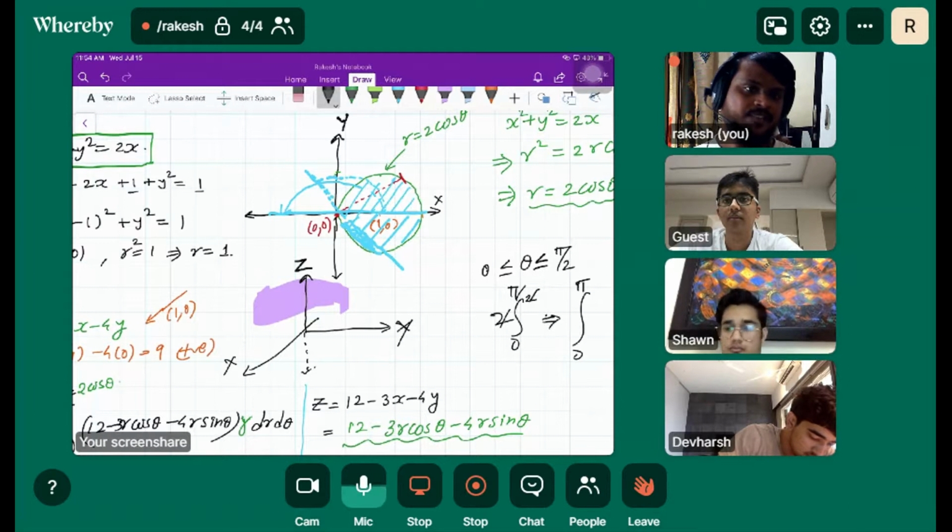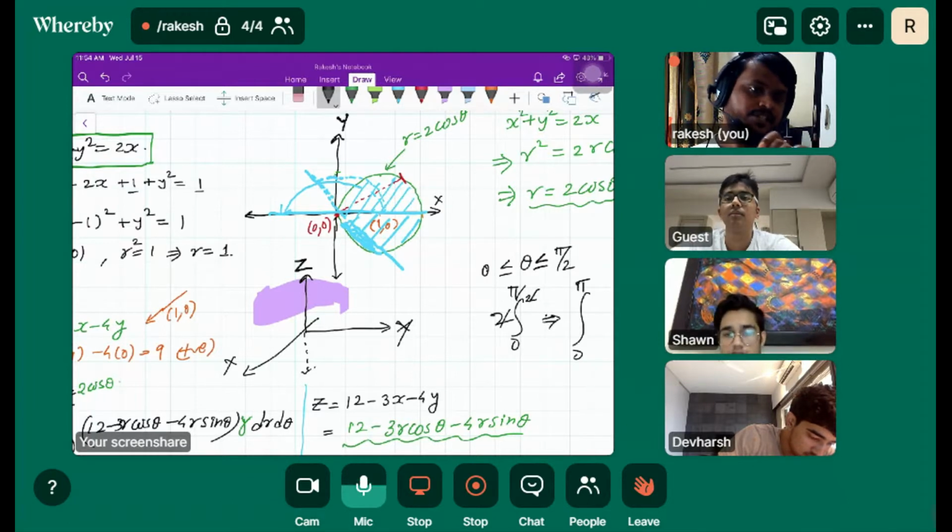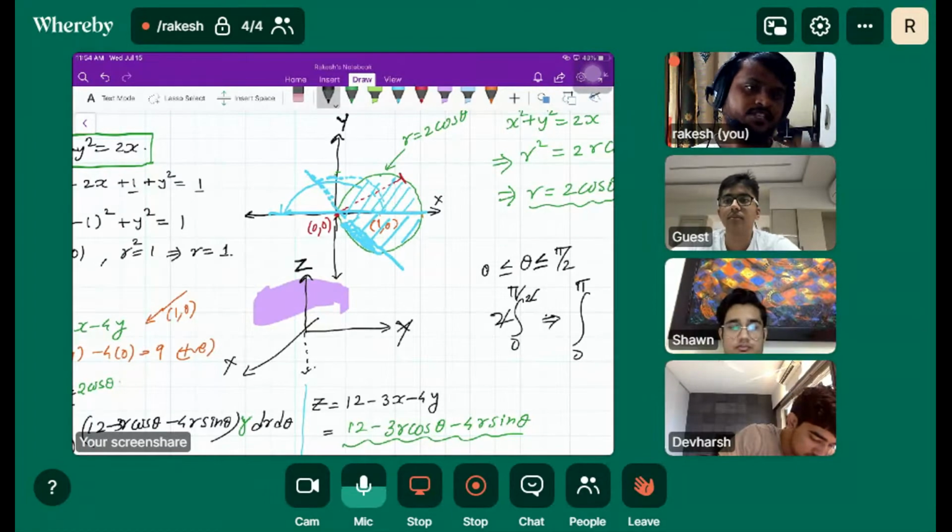If exactly the center is at the origin, then our limit is 0 to 2 pi. If it is slightly deviated, then it won't be 0 to 2 pi. That would be something else depending on the question.